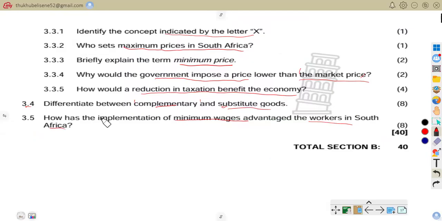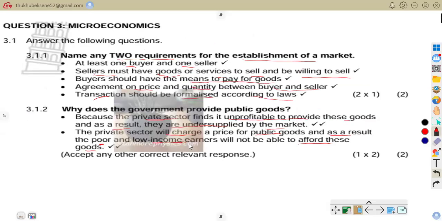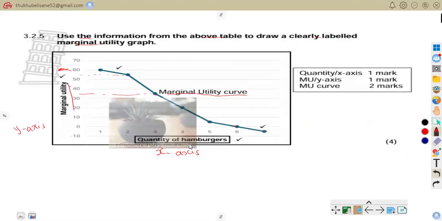3.5 was about how the implementation of minimum wage advantaged the workers in South Africa. We know that minimum wage improves worker conditions, for example, higher income and better living standards.